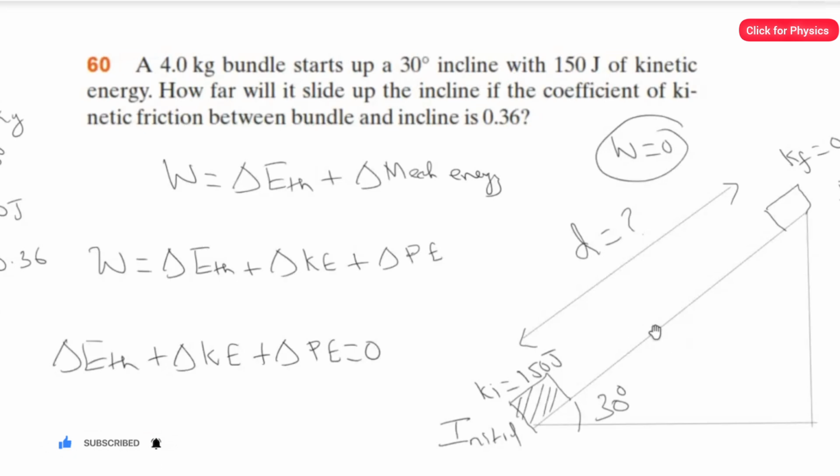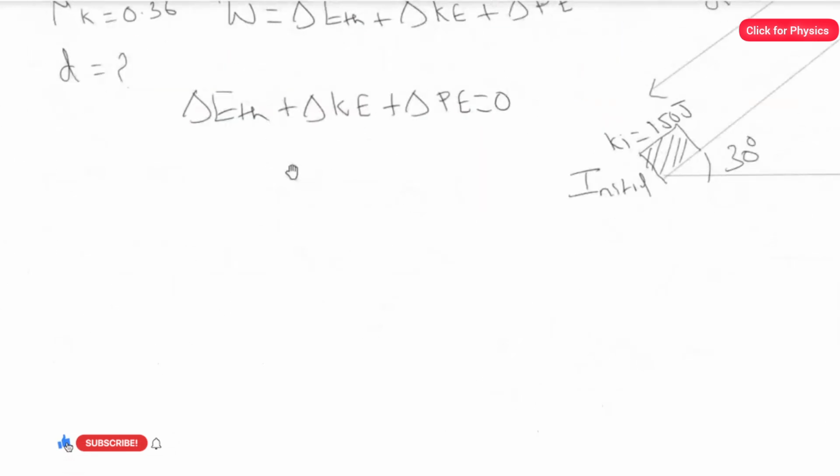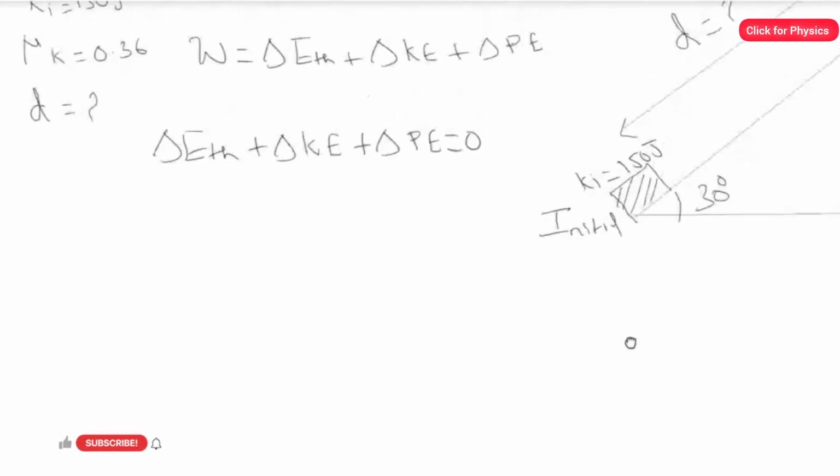Clear? Now we have to substitute the values very carefully. Either you can find the answers separately one by one, or you can substitute the values directly. Okay.